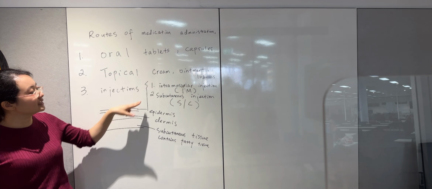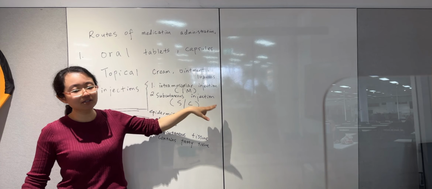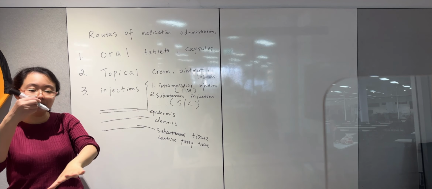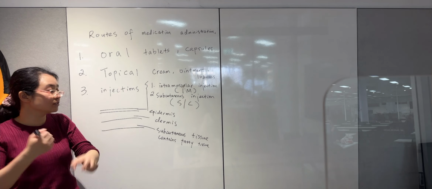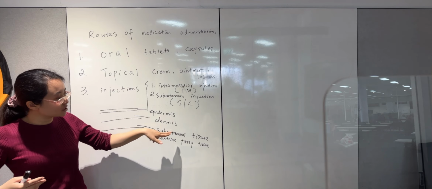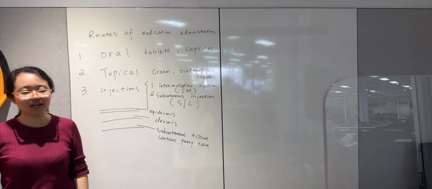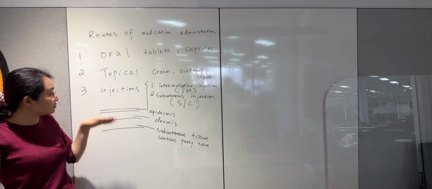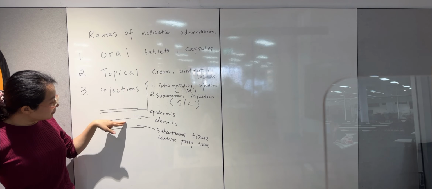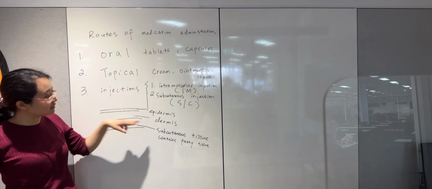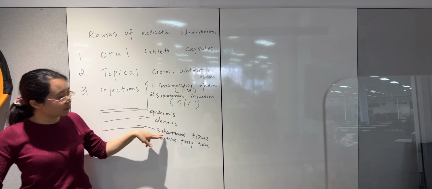When I say subcutaneous injection, that means we give the injection into the subcutaneous tissue. The needle pierces through the epidermis and then into the subcutaneous tissue.